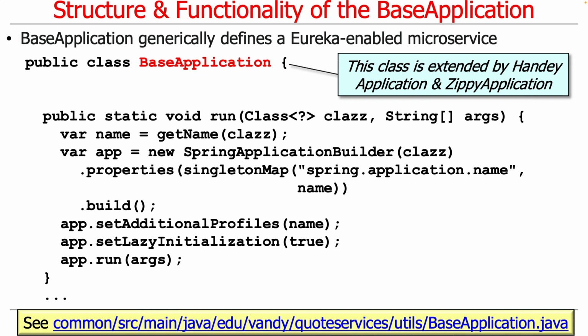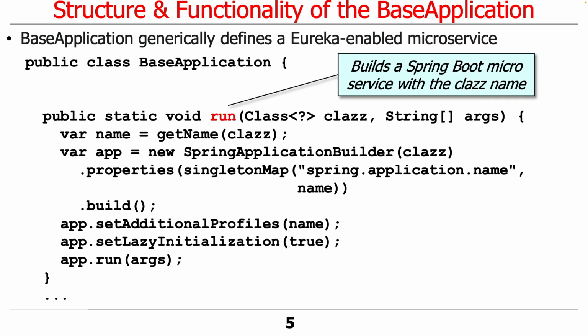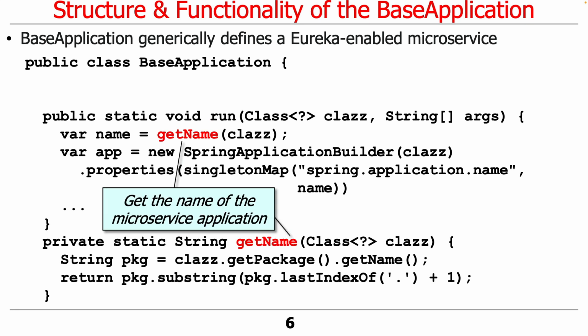This defines a Eureka-enabled microservice foundation. And the idea here is that the different microservices we implement, like handy application and zippy application, will both extend the base application. And what the base application will do is it will have its own run method, which under the hood uses the Spring run method, and it's going to take the class that's passed to it, which will either be the handy application class or the zippy application class, and it extracts from that the name of the application.